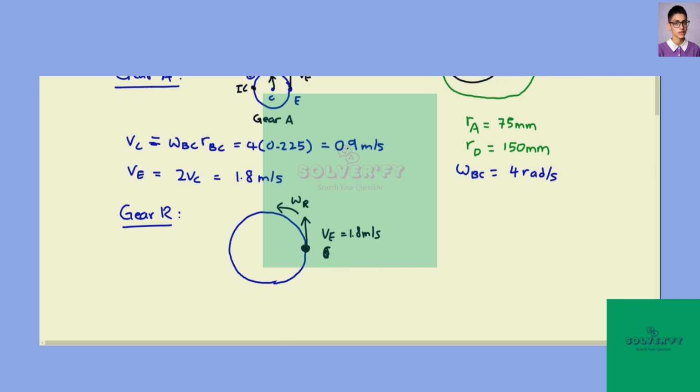We also have the IC to be here. This is the point where it touches the sun gear D.